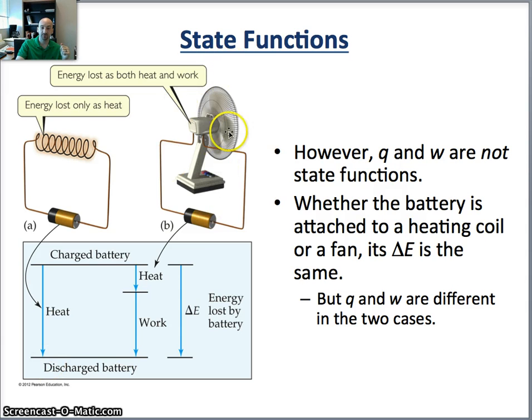However, for the fan, it takes work in order to turn the blade, plus it takes some heat to discharge that battery. So the internal energy lost by the battery is a state function because it doesn't matter how we got there. But you can see that the heat and the work are different when it's connected to two different systems.